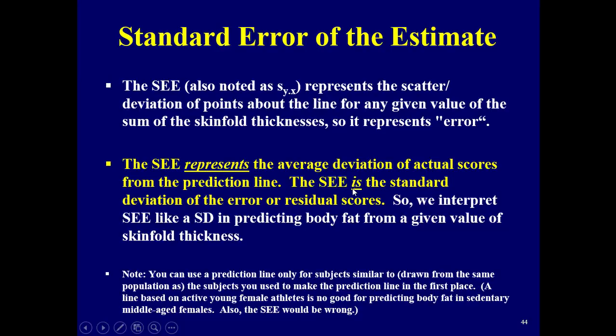It is, therefore, the standard deviation of the error. It is the standard deviation of the residual scores. So the less error you have, the closer the points are to the line, the less spread around the line there is, and the lower the standard error of the estimate.